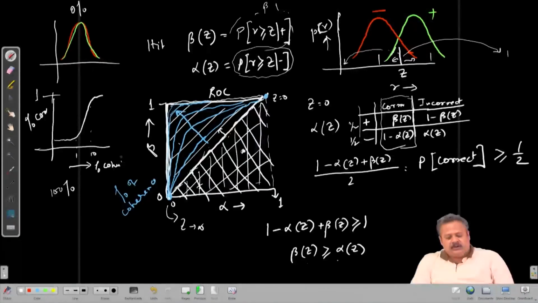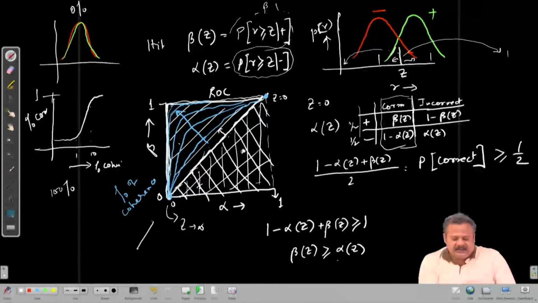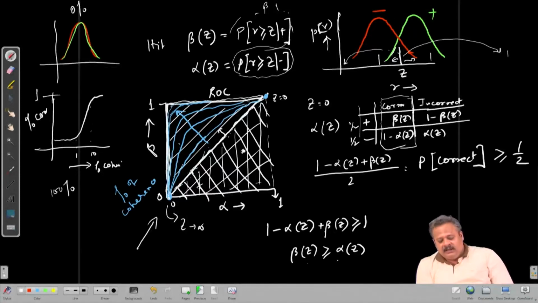So now, based on the neurons, the rate responses, using this analysis as we have here, we will be getting a percentage correct based on the area under the curve, if we can show that the area under the ROC is the percentage correct.